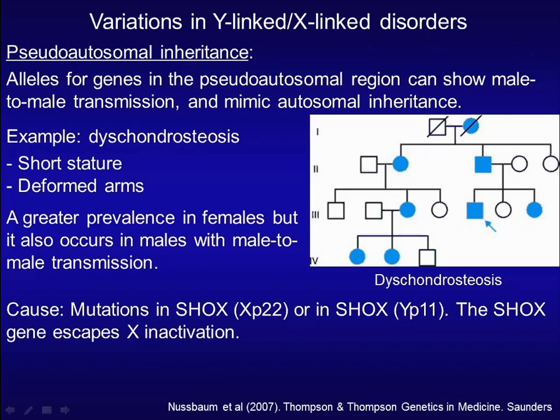Especially, the SHOX gene escapes X inactivation. People with this condition have short stature and deformed arms. As shown in this pedigree, this condition can be transmitted from male to male and male to female in a manner similar to autosomal dominant inheritance.